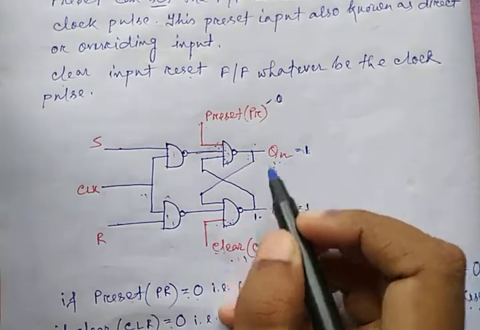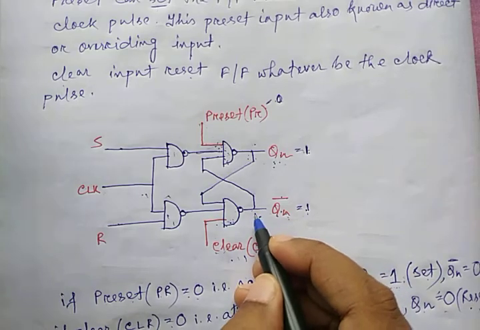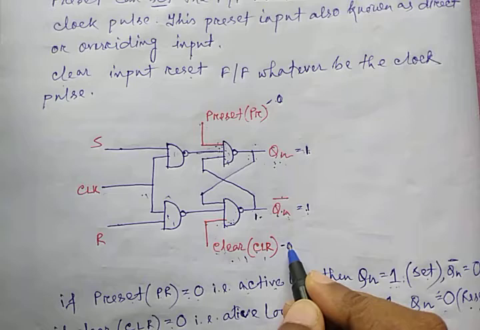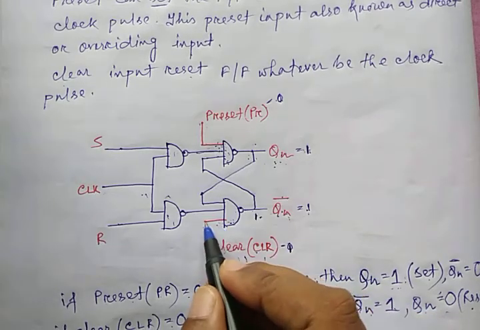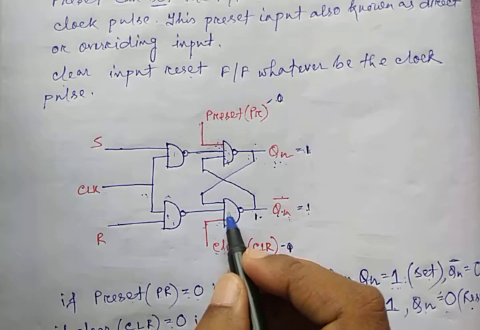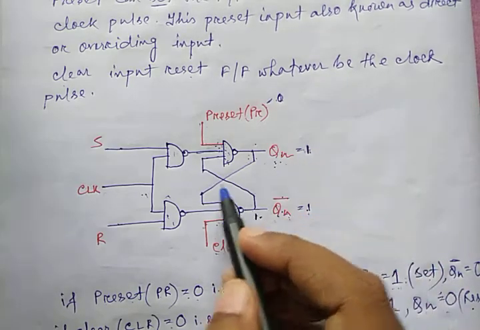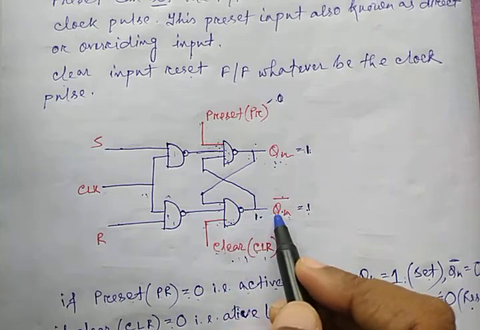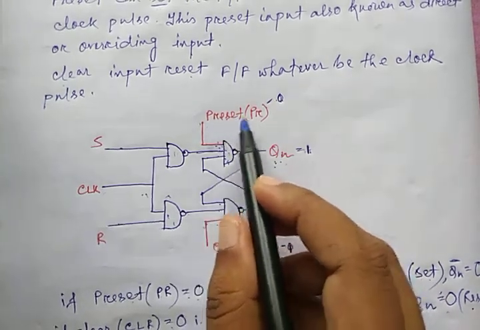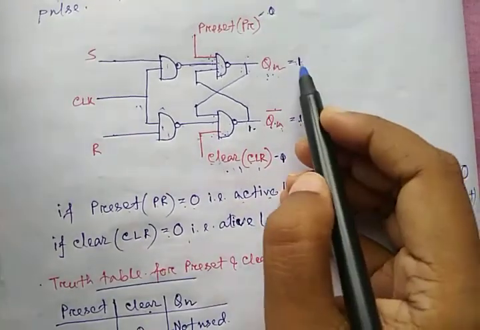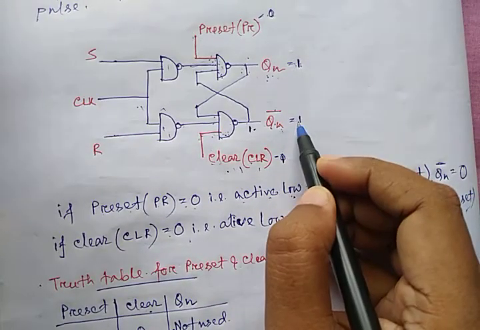As clear is 1, clear will not affect this gate. So this gate gets 1 from here, and from here it gets the output, so the output is not affected. So when preset is 0, whatever the other input values, QN will be 1.